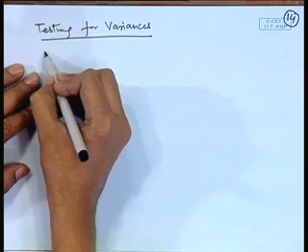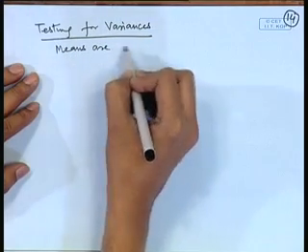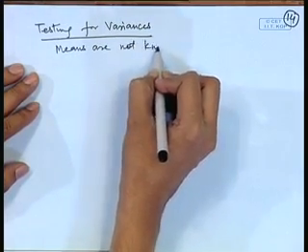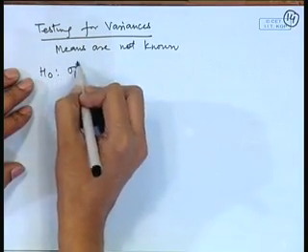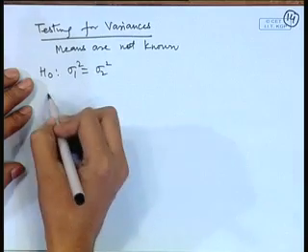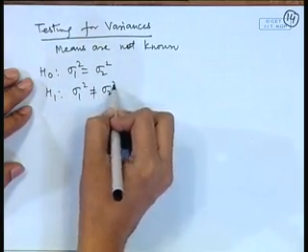So, let us consider the case where means are not known. So, we have H naught: sigma 1 square is equal to sigma 2 square against H 1: sigma 1 square is not equal to sigma 2 square.